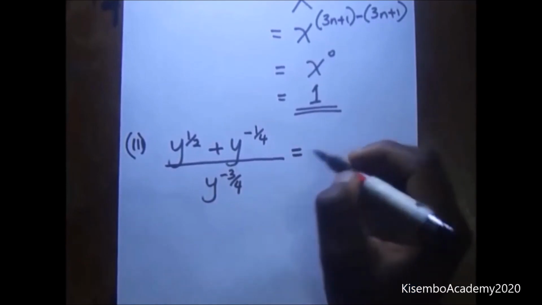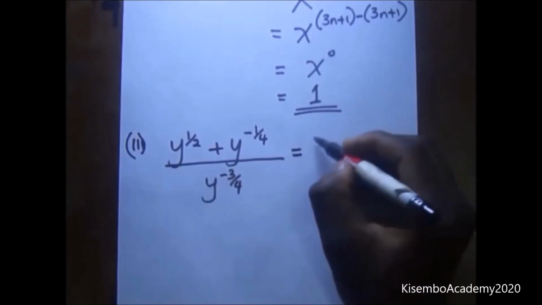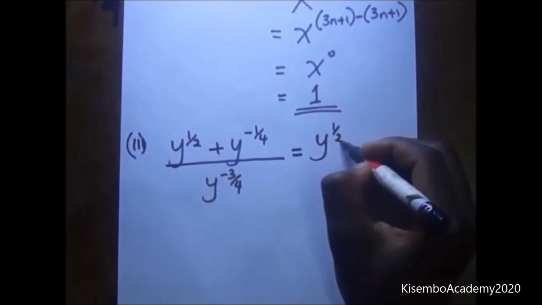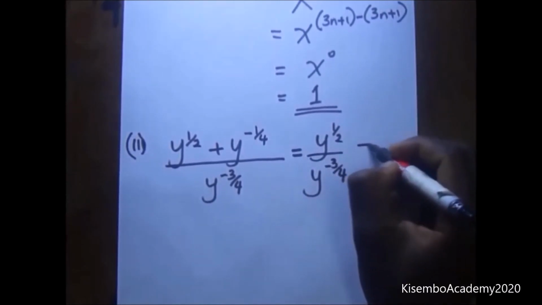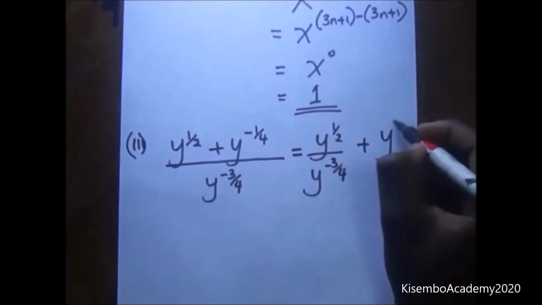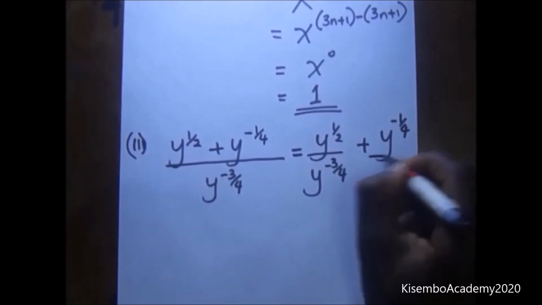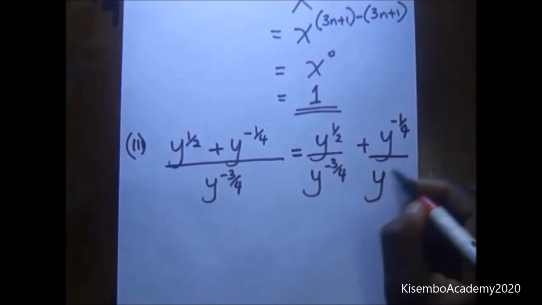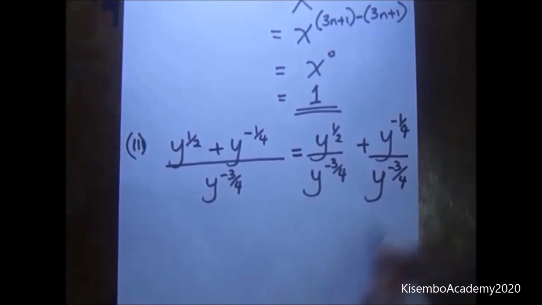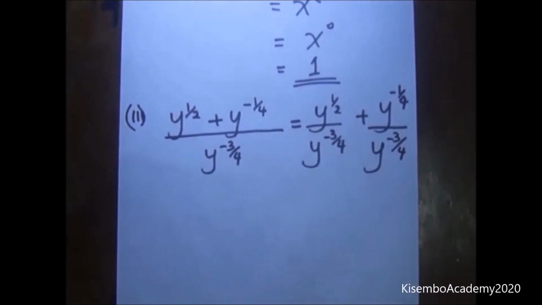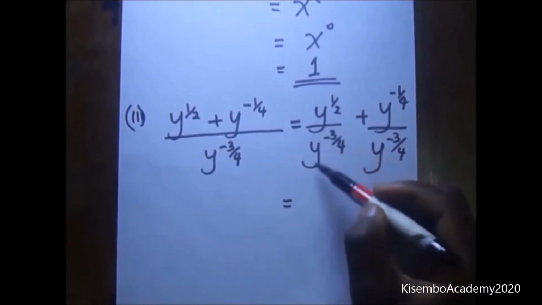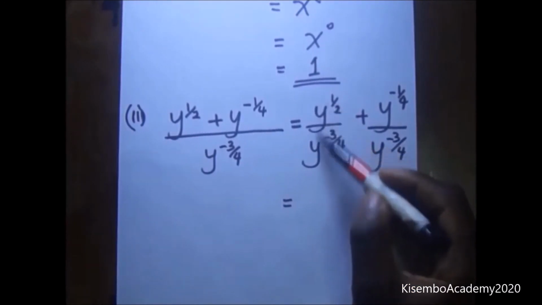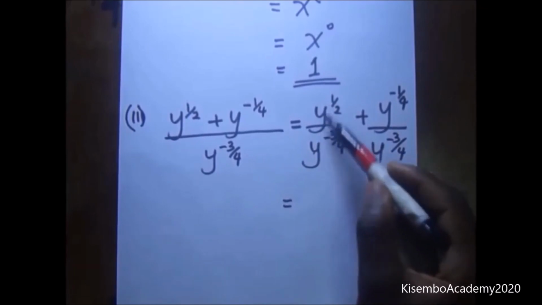This is going to be equal to, let's split this, y to the power a half over y to the power negative 3 over 4 plus y to the power negative a quarter, divide that by y to the power negative 3 over 4. That is what it means. So now we'll continue. Now we are dividing the indices with the same base.